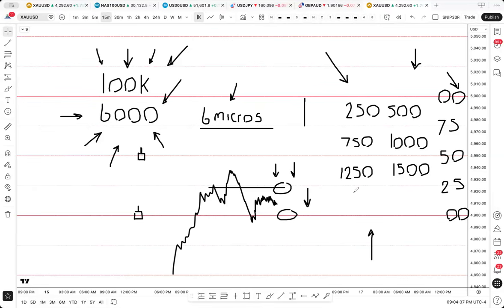And this is what I have come up with. This is how you can take $100 to $10,000 to $100,000 to $1 million to $10 million. You need to know your setups. You need to know how much you're risking.